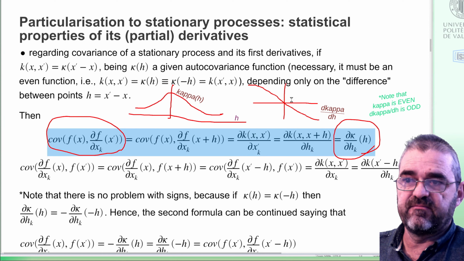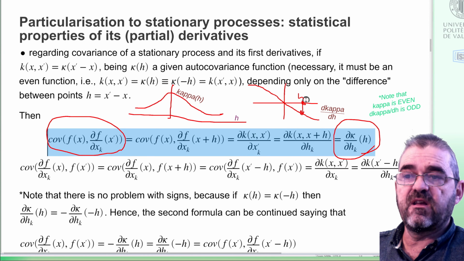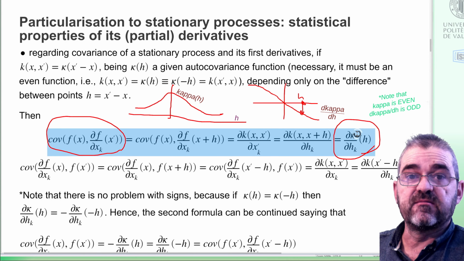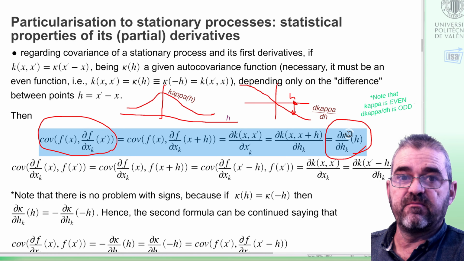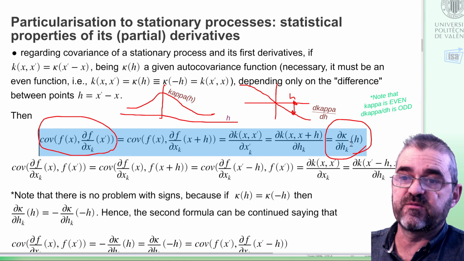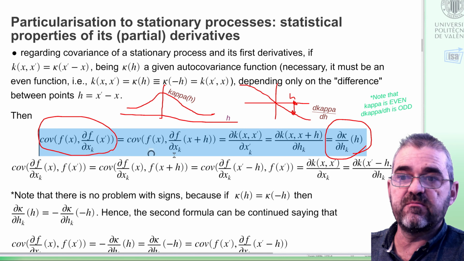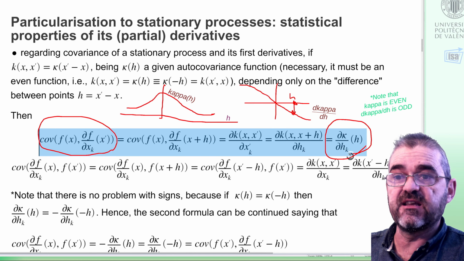Well, okay, then evaluating that at h is what this expression says we must do to obtain the covariance between a process and its derivative. Okay, if it's more multivariable, the derivative with respect to the kth input is the derivative of kappa with respect to the kth coordinate of the increment h.